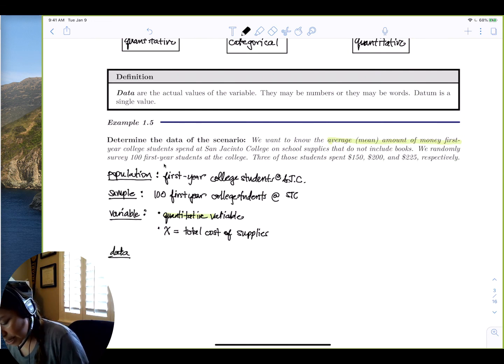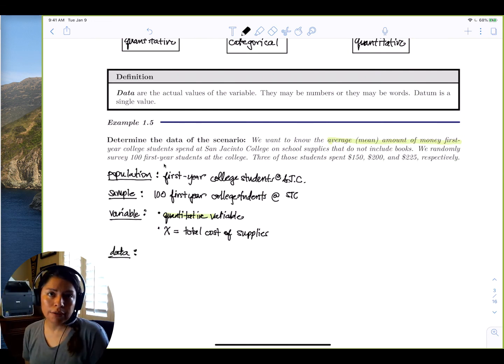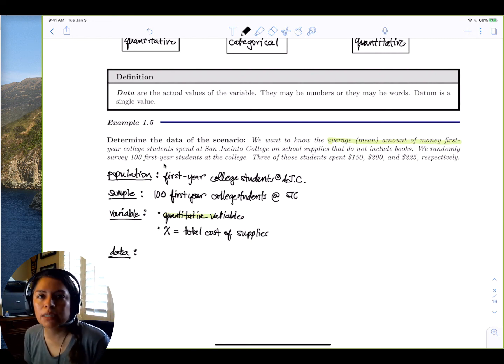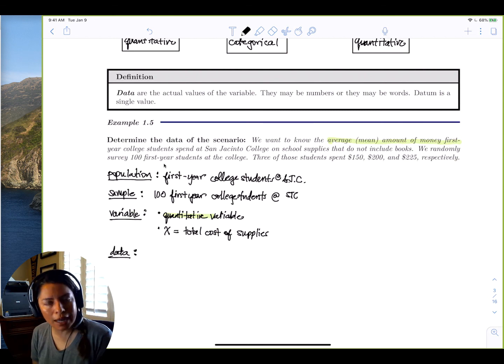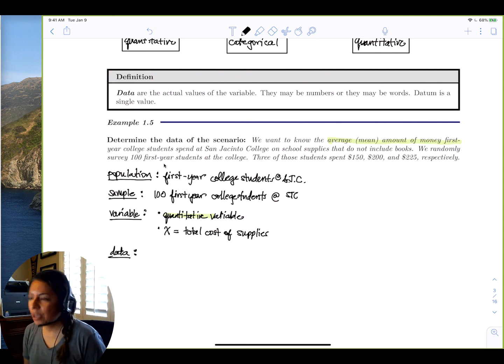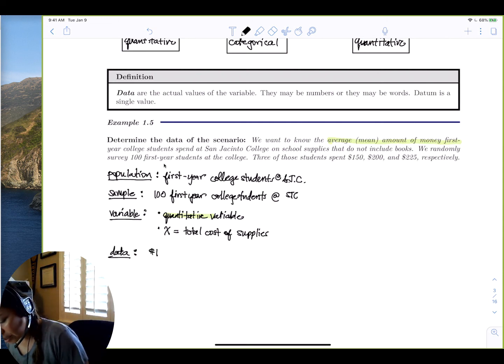Remember, the data that a variable gives could be a category or a number, right? In this case, because it's a quantitative variable, we're going to have numerical data, right? What were those numbers? How much did those students spend on their supplies? It was 150, right? 200 and 225.